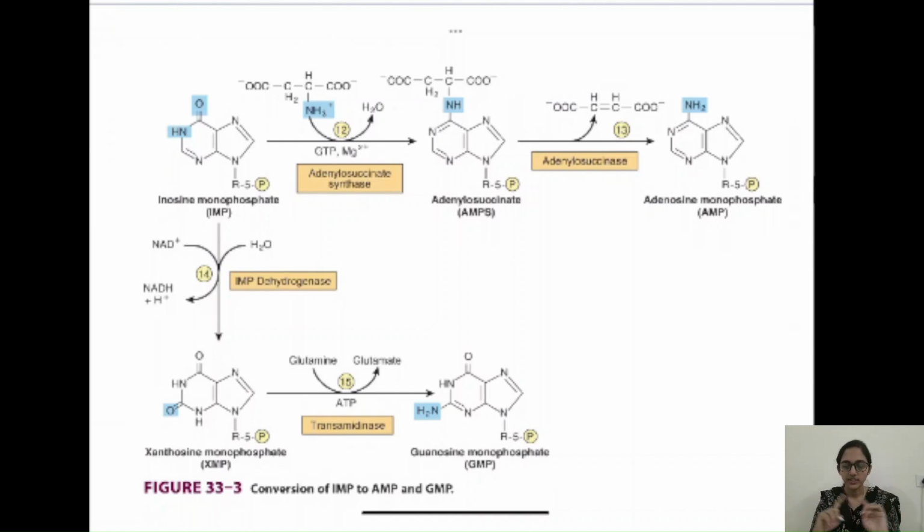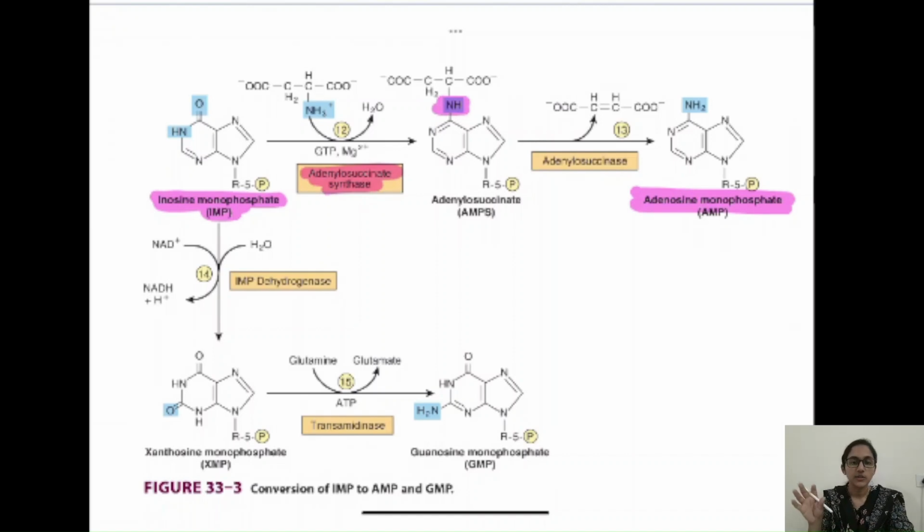Okay, that happens in two ways. One way is that inosine monophosphate, there is this adenylosuccinate synthetase, from which the amino group is attached to this nucleotide, then we get adenosine monophosphate.